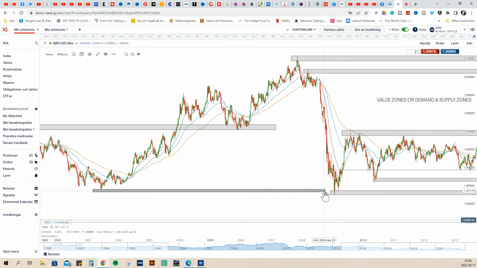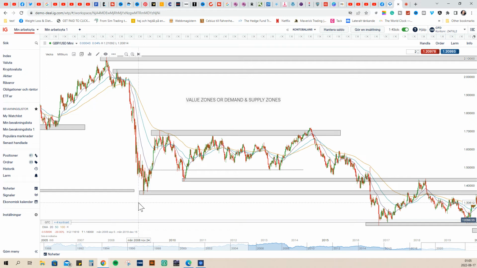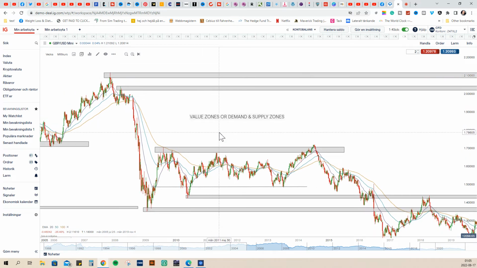It goes to this box. I draw this very long because, as I told you, this can be a resistance level, resistance zone about 3, 4, 5 years from now.